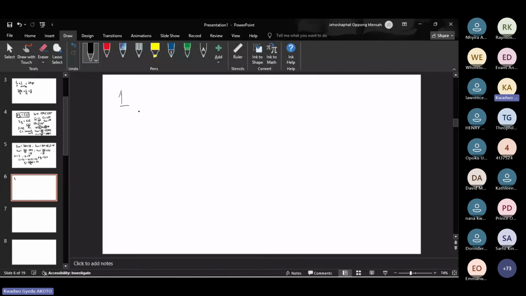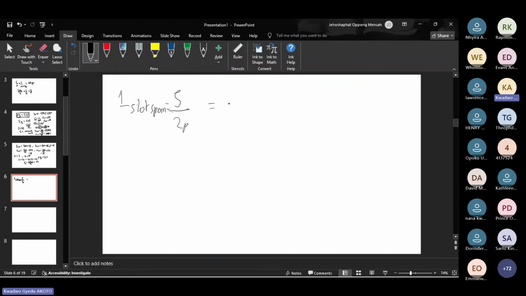First, we are going to look for our slot span, which is equal to the number of slots divided by the number of poles. So our slot span is equal to S on 2P.